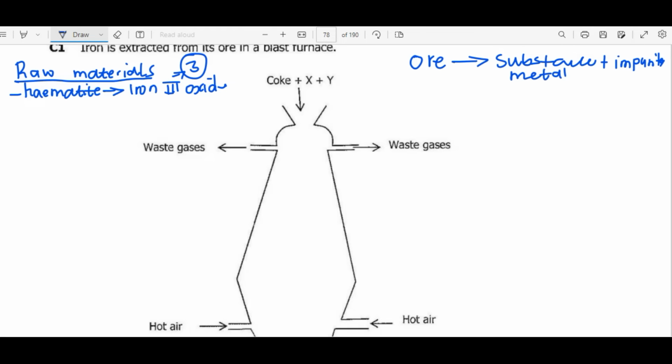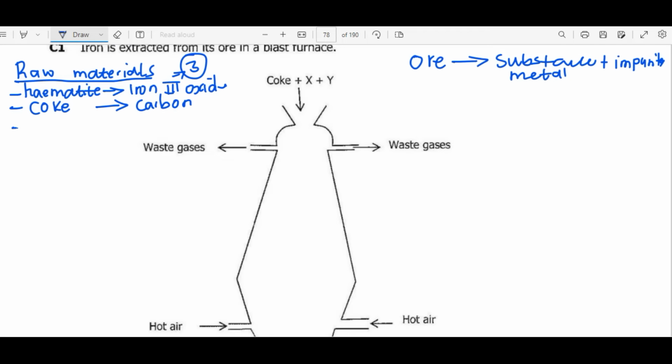Then the second raw material that we are supposed to have during the extraction of iron is coke. Coke has the chemical name of carbon. So you need to know the common name plus the chemical name.